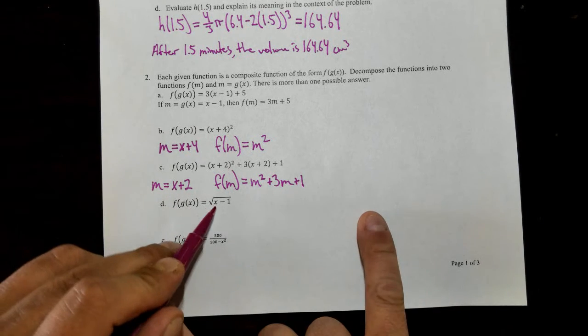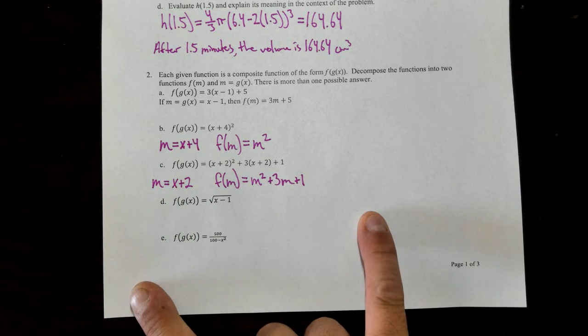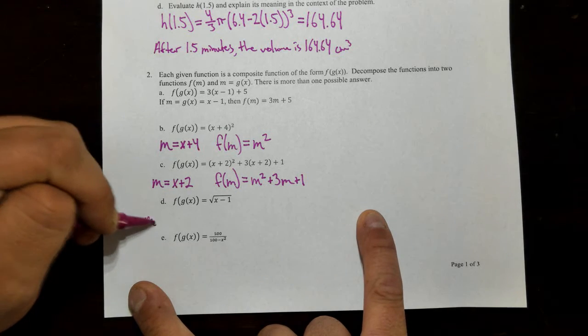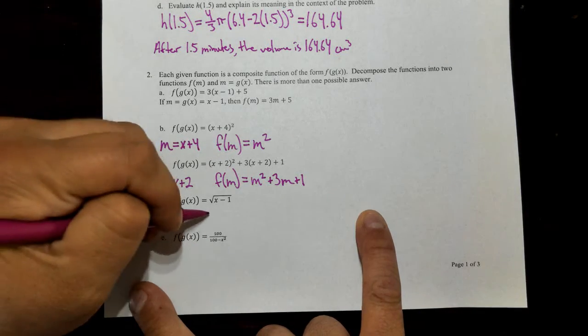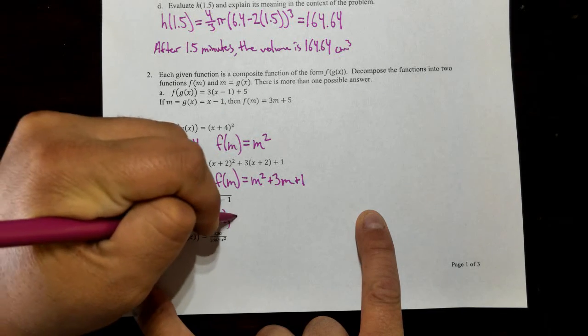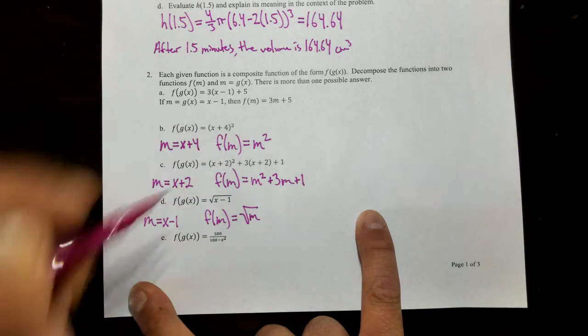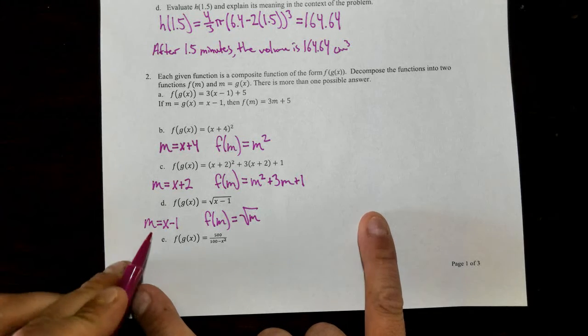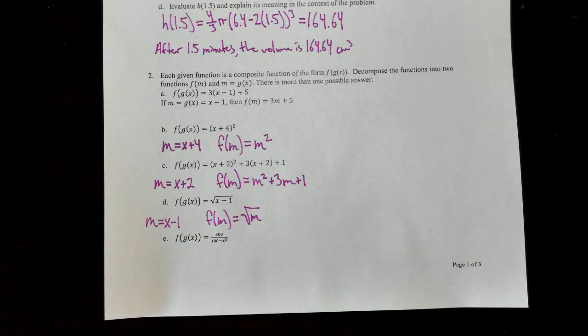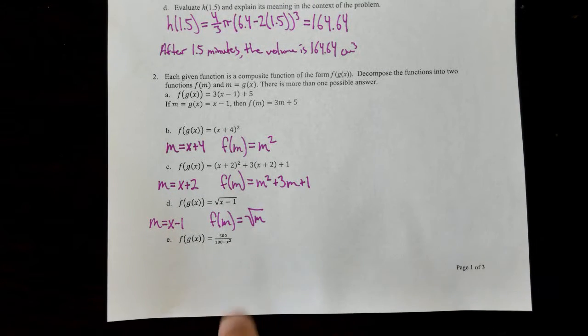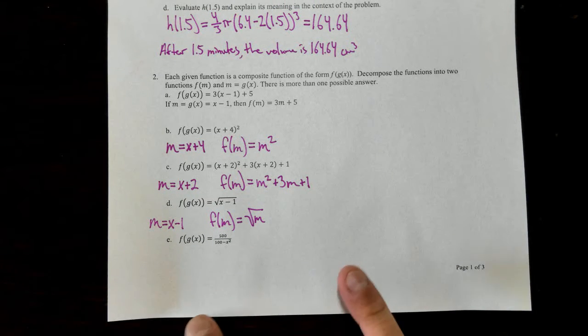Next, we have the square root of x minus 1, and to me it looks like our m could be this x minus 1, the inside portion, while our f of m could be the square root of m. Right? If we plug m back in, we get our composite function yet again. And then this next one, 500 over 100 minus x squared.